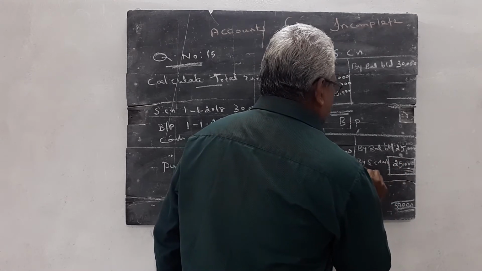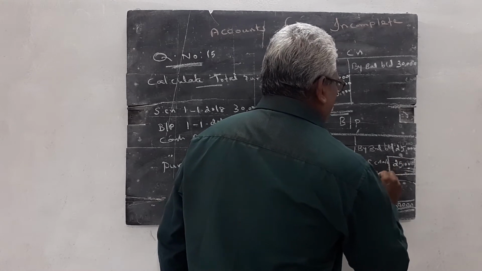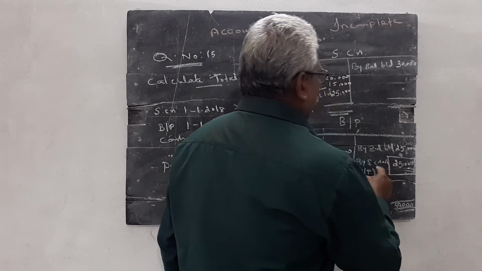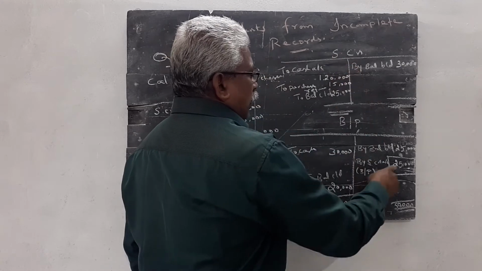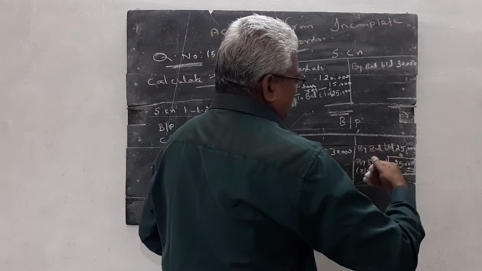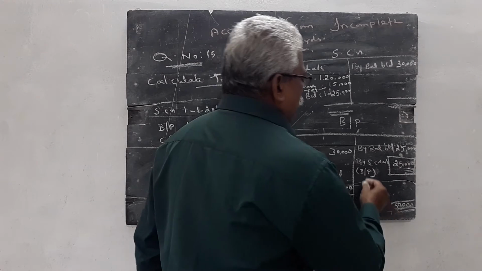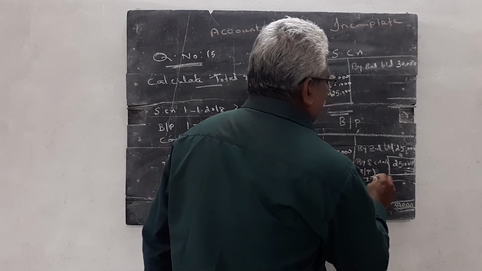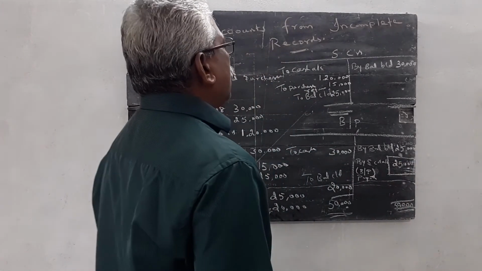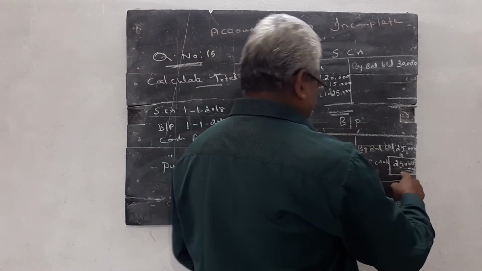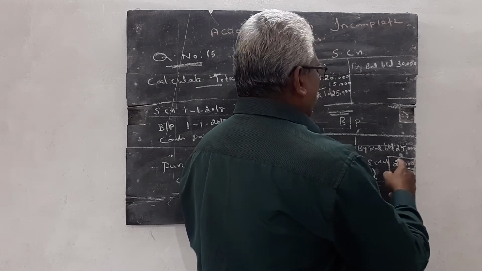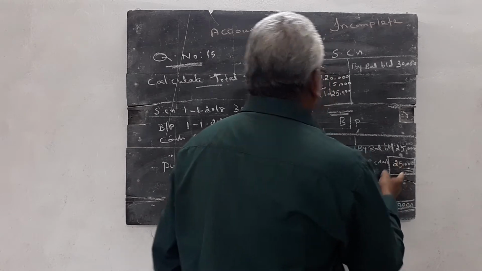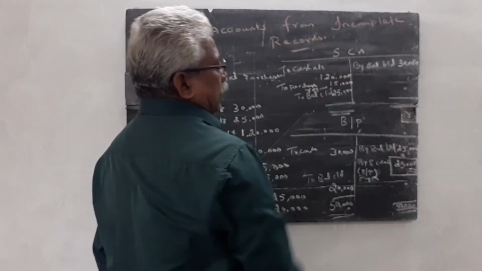This much of bills payable amount is in our hand. Bills payable 25,000. This 25,000 comes to the credit side of the bills payable account. So this amount comes to the debit side of the sundry creditors account.